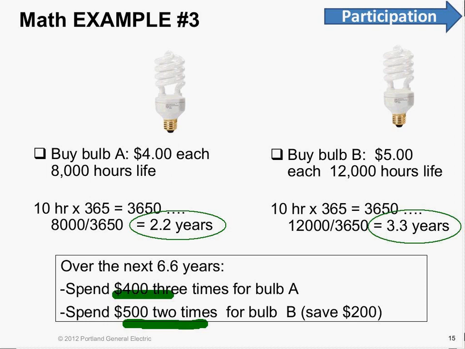You would save $200 over the period of years of consistently investing in the longer life bulbs. So those are a couple of perspectives that may help you change policy or change decisions on specific purchases.